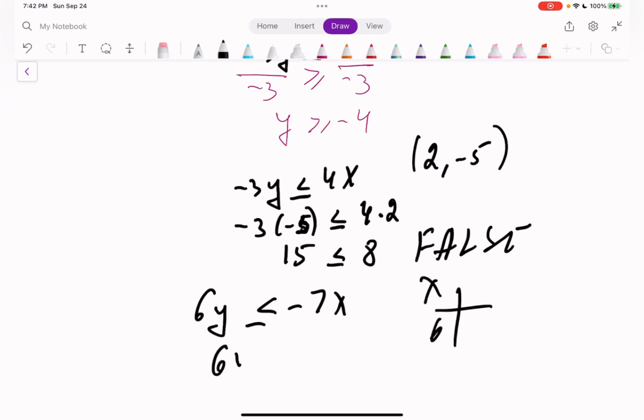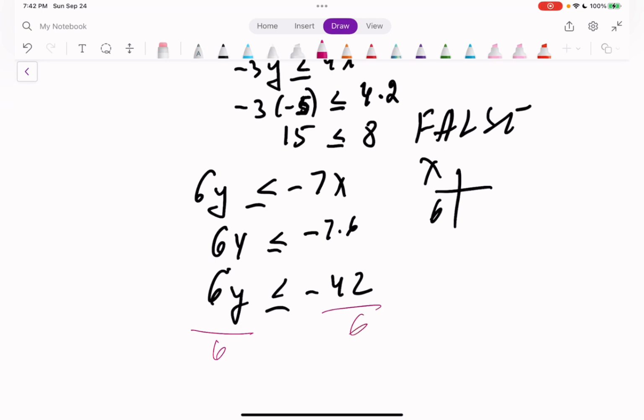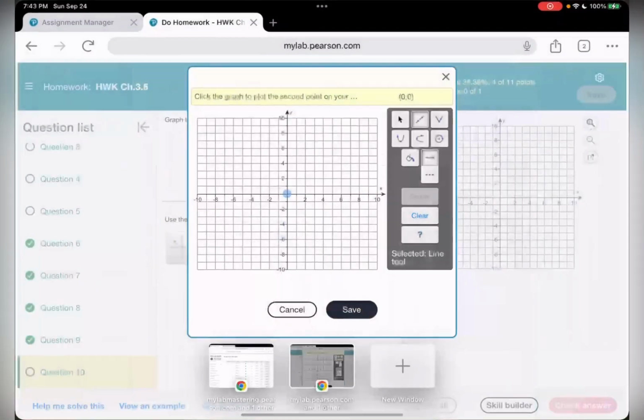It's going to be 6y less than or equal to negative 7 times 6, which is 6y less than or equal to negative 42. Once we divide by 6, since I'm dividing by a positive, I'm not flipping anything, and y is less than or equal to negative 7. So when x is 6, y is negative 7.